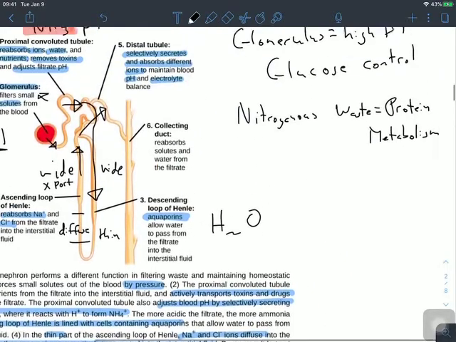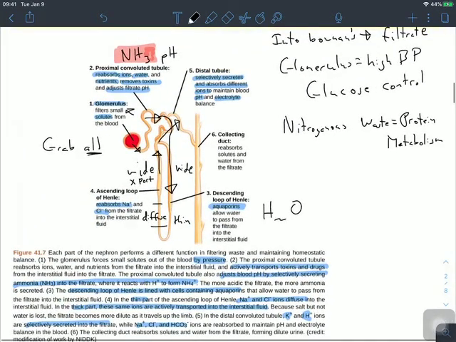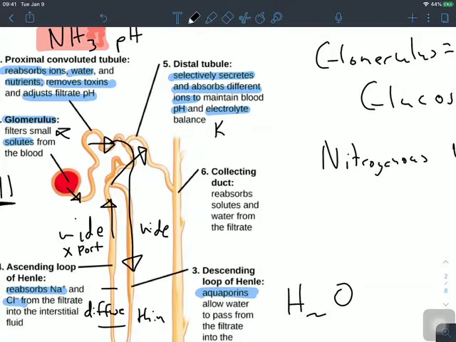So, when you think of the distal convoluted tubule, you should be considering K, H out, and NaCl, and then bicarbonate in.